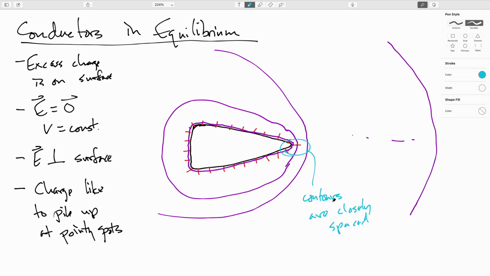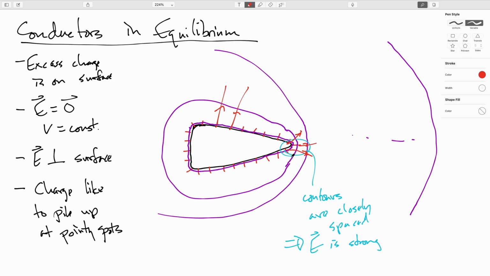Well, if the contours are closely spaced, this means that the electric field in the region is strong. So the electric field lines will be spaced relatively close together in this region versus, say, out here where the spacing is broader.